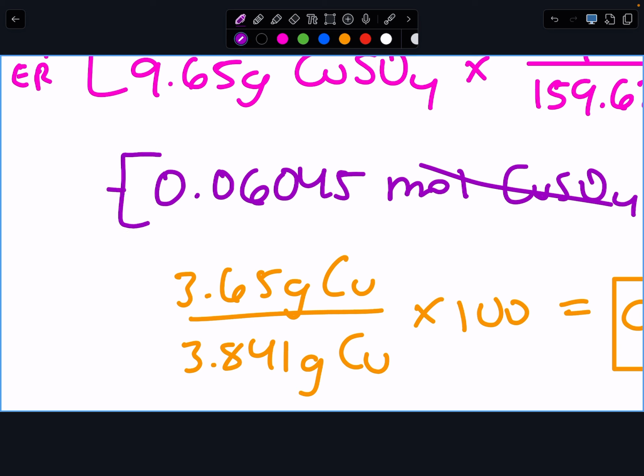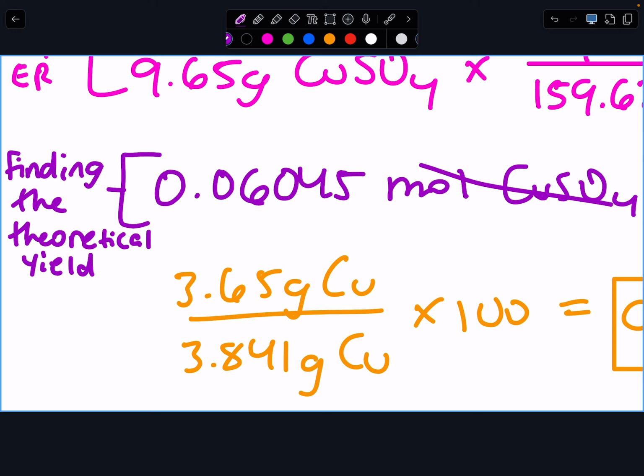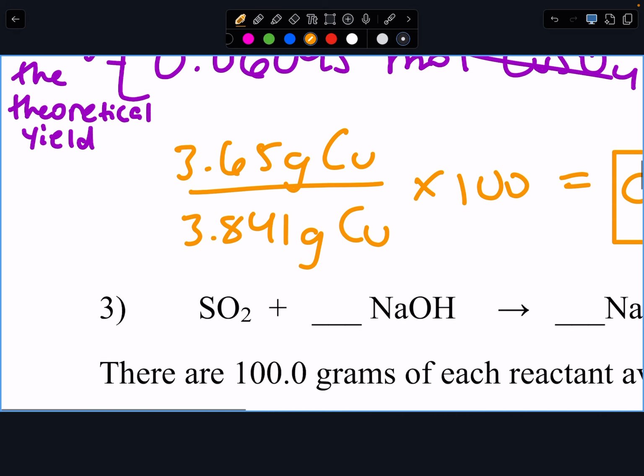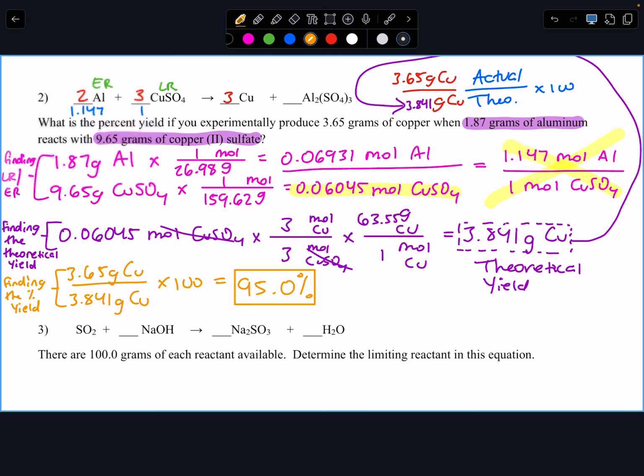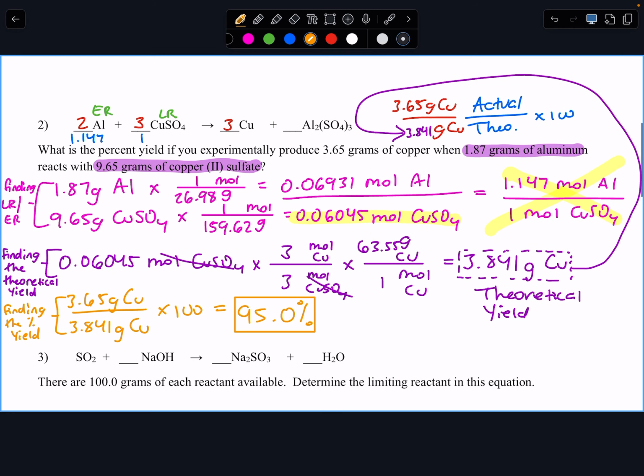For the percent yield, yes. We've always done percent in 3 sig figs. Finding the theoretical. Okay, and then the orange is good, yes. You see all the steps in different colors. Finding the percent yield. Okay? Was that helpful? Yeah. Okay, beautiful.